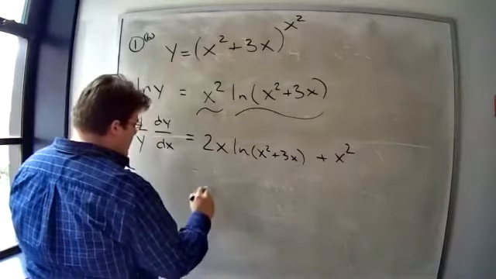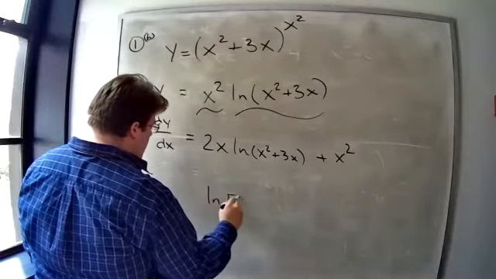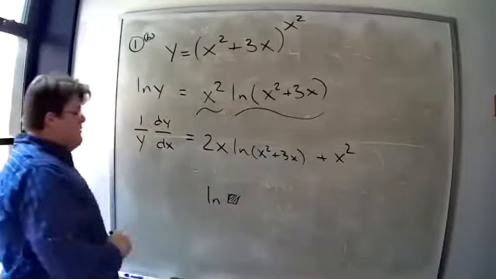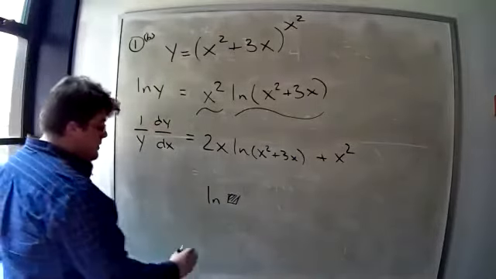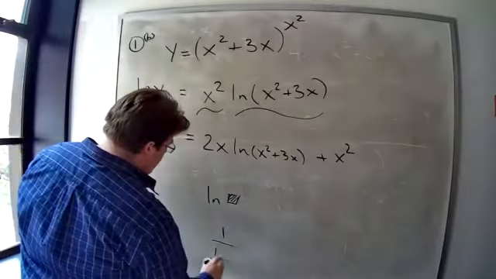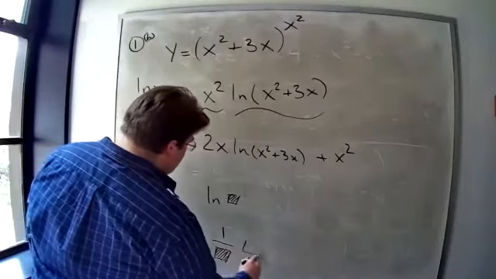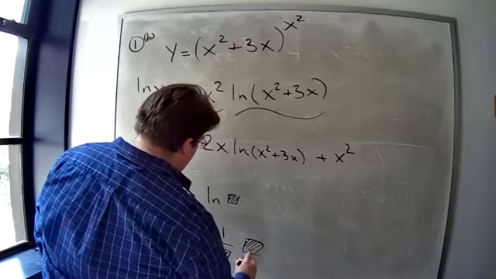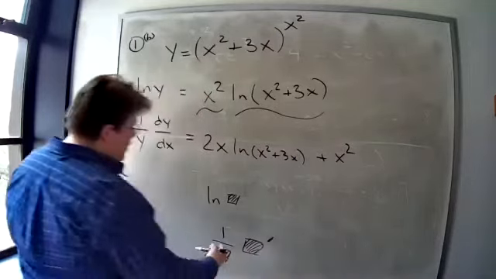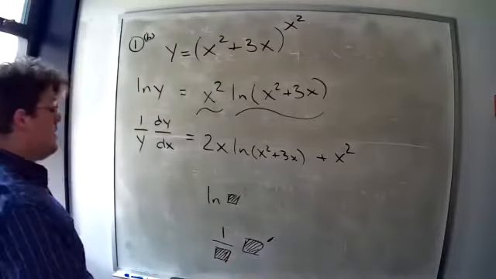Derivative of the logarithm. Now remember how the derivative of the logarithm works. Derivative of logarithm of something is what? 1 over that thing, and then times its derivative. So 1 over thing times thing prime.